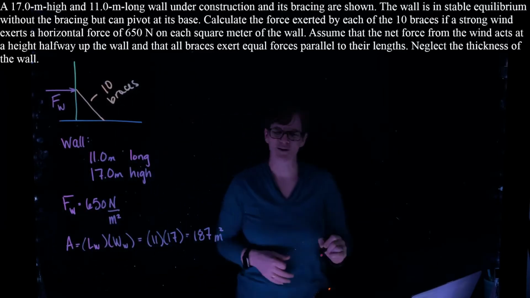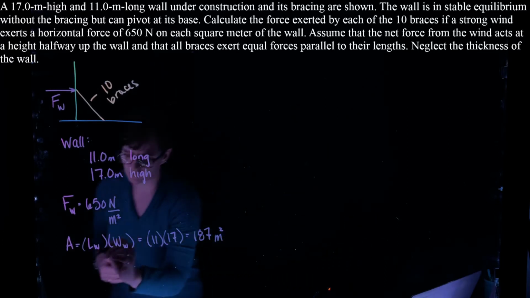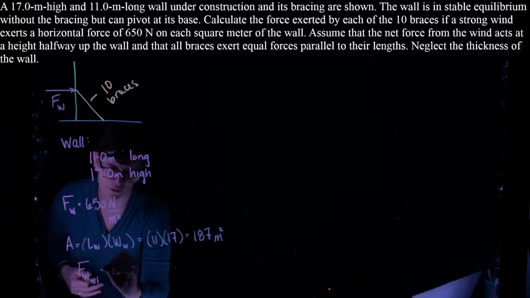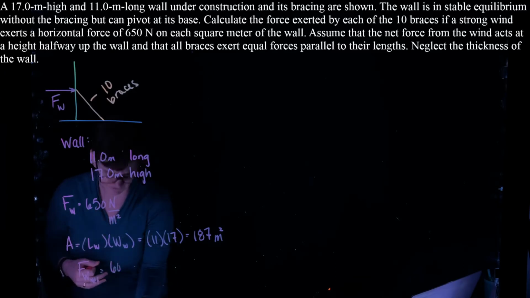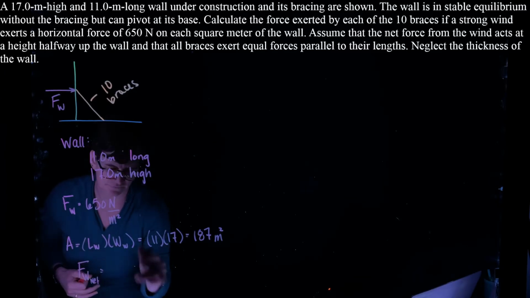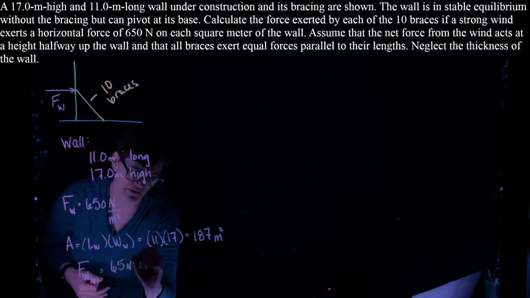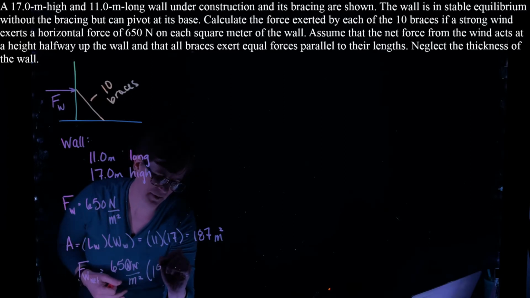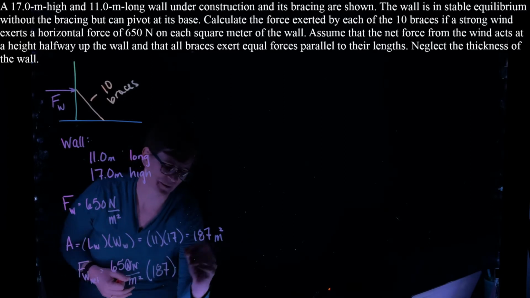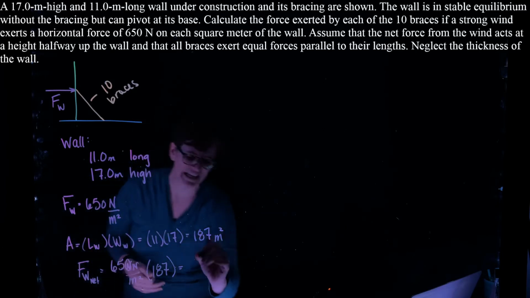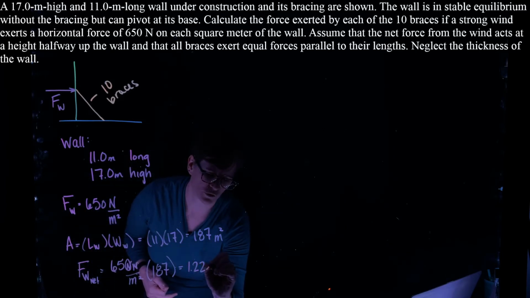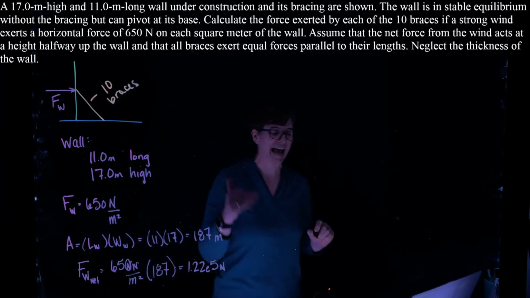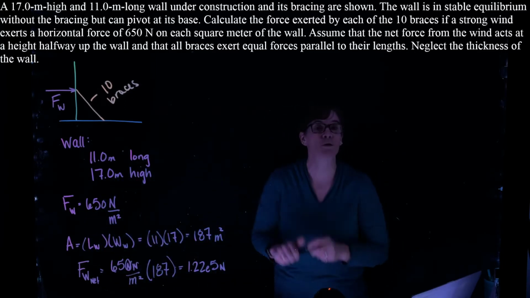So the net force by the wind is going to be our 650 newtons per square meter times my 187 square meters, and that gives us a net force of 1.22 times 10 to the 5th newtons.